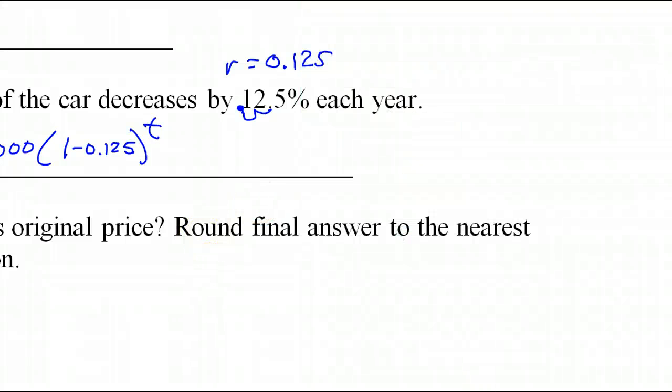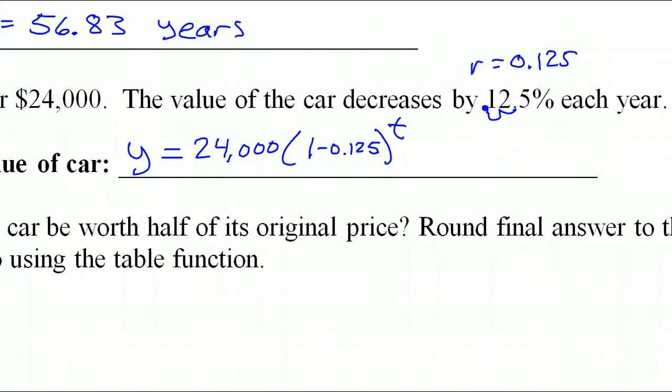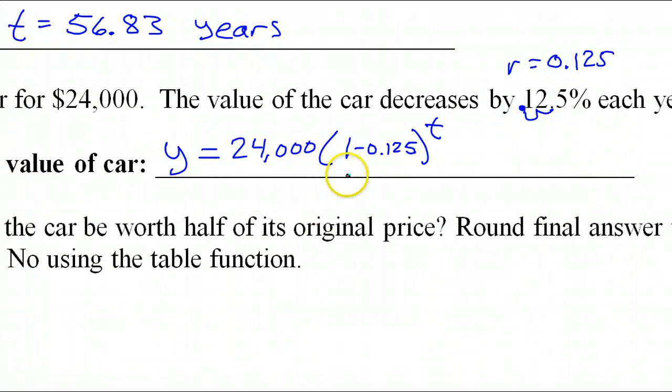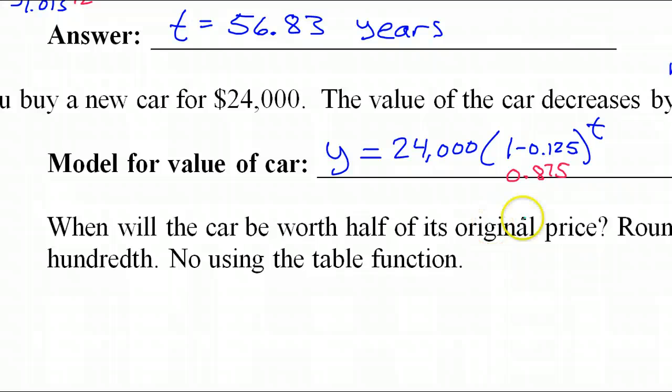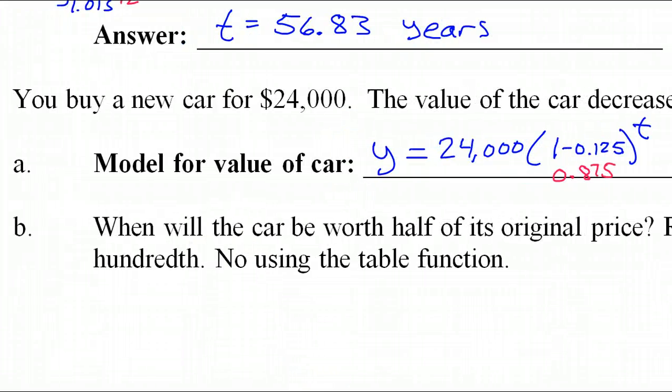So let's do that. That is more convenient, so I'll be using the pink version of this multiplier. Anyway, when will the car be worth half its original price? Well, if its original price is $24,000, half its original price will be $12,000. And that will be the y value because that's the eventual amount years later.